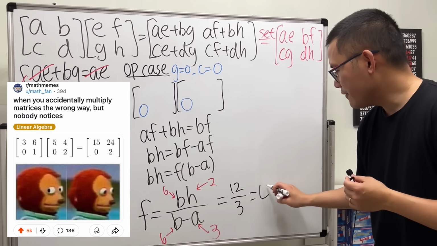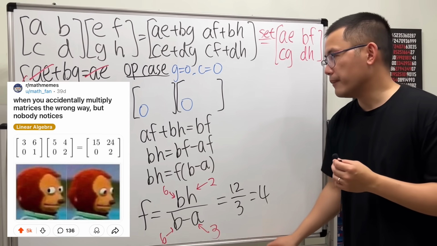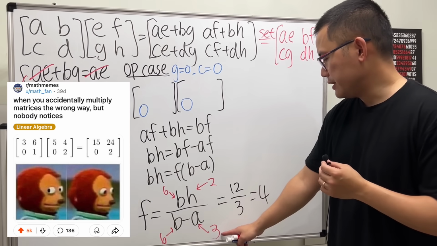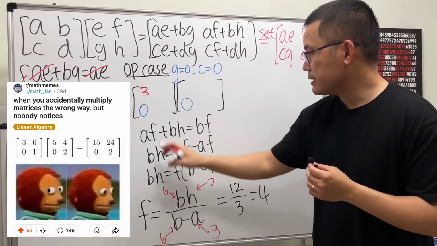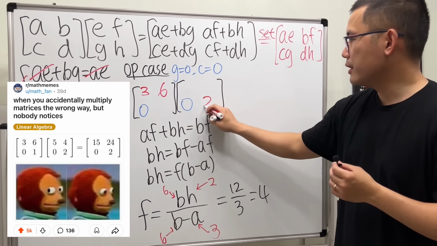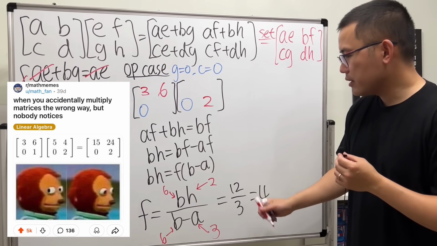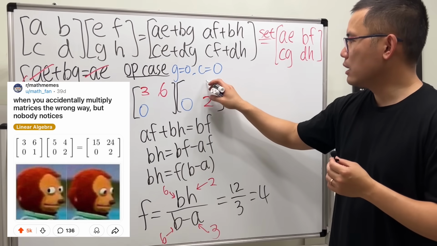So F will be equal to 4, and that's based on all these choices. So let's just go ahead and fill this in. 3 goes here, and then B is 6, and H is 2, which is right here. And with all that being done, we will have to put 4 for F.